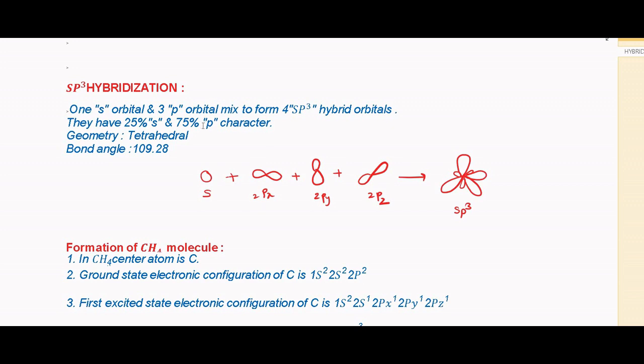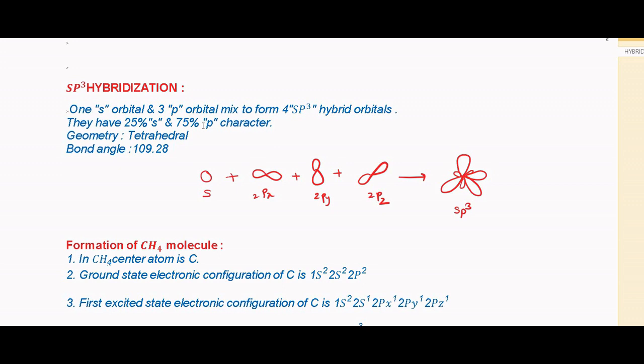Geometry is tetrahedral. Bond angle is 109 degrees 28 minutes. Here is the 1s orbital, px orbital, py orbital, pz orbital. These 4 atomic orbitals intermix to form 4 sp3 hybrid orbitals. Is it clear? So these are the 4 sp3 hybrid orbitals.